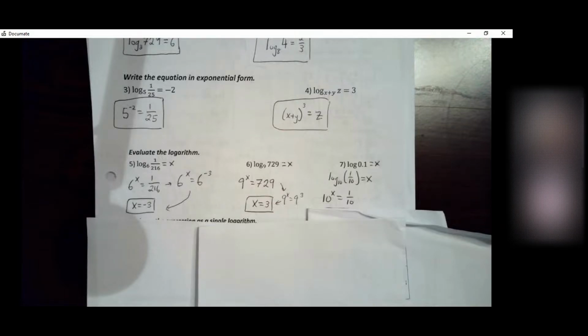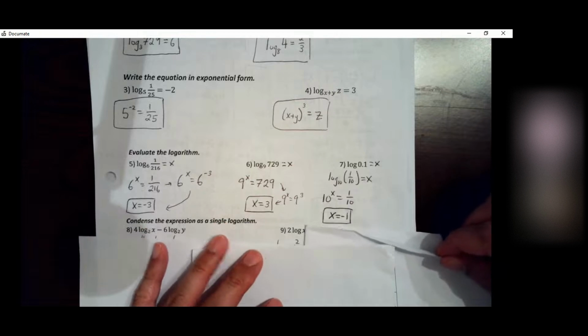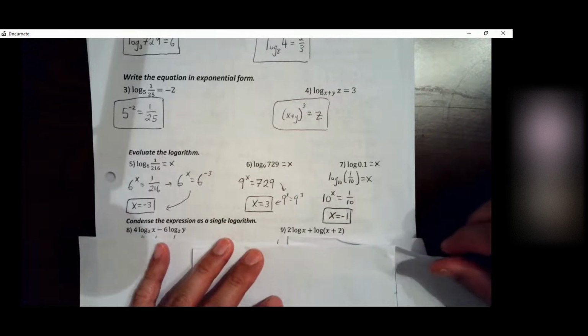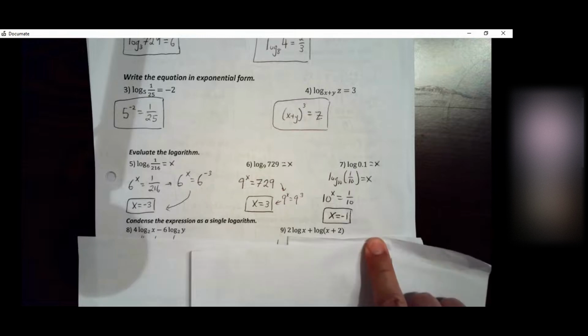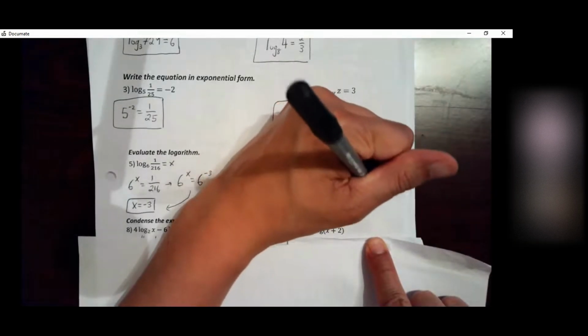Maybe a negative exponent can do the trick. Oh, would it be 10 to the negative 1? Yeah. So x equals negative 1. Right.